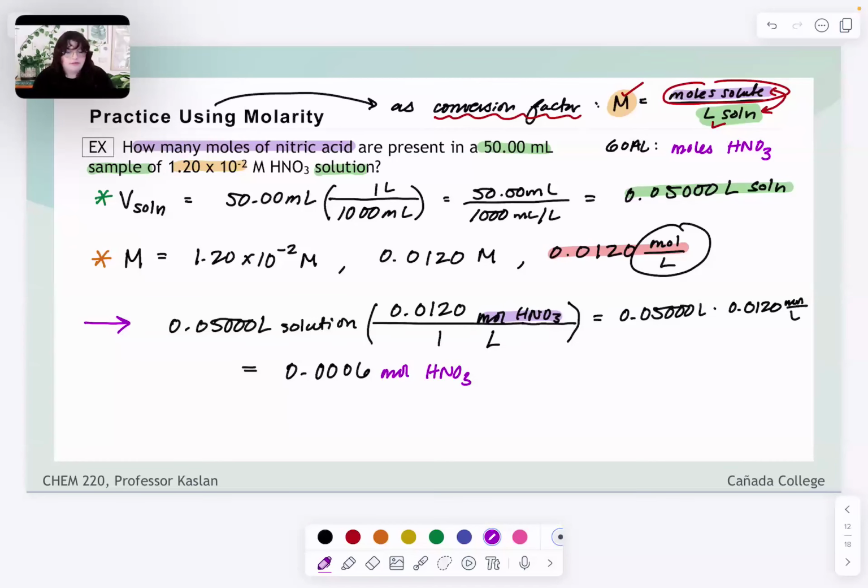For one, this mole quantity is pretty small, so we're probably going to want to put it into scientific notation. And then also we need to pay attention to sig figs. Again, they don't go away. So let's look at our sig figs and the values we were given. We have 1, 2, 3, 4 sig figs in my volume. And we are assuming that this molarity is something that was determined in the lab, right?